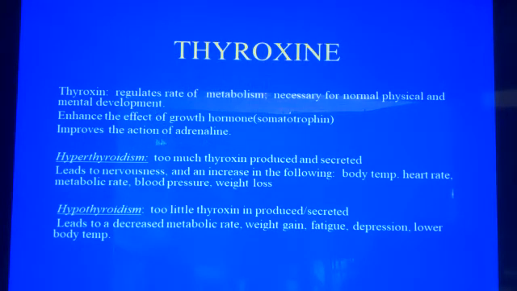Number 2 role is that it enhances the effect of growth hormone. Therefore, once it is produced, it stimulates the production of the growth hormone, of course, by the pituitary gland. And then it also improves the action of adrenaline.